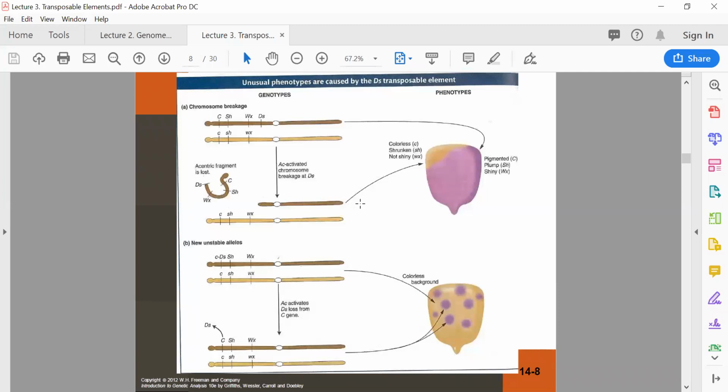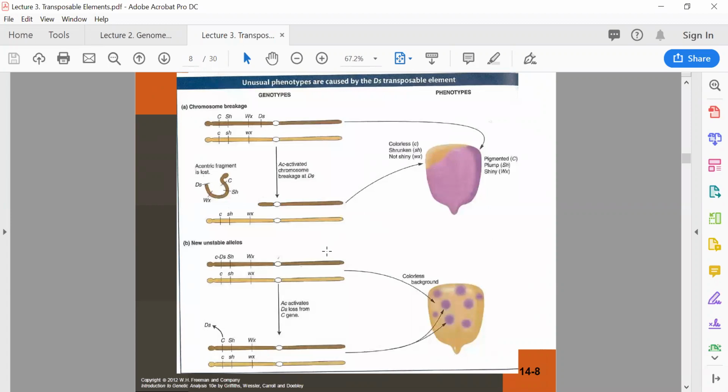So all the cells in the kernel derived from that original cell that had the breakage in chromosome 9 would have this phenotype: colourless, shrunken, and not shiny. So hopefully that makes sense to you, and we'll go over it again in just a minute.